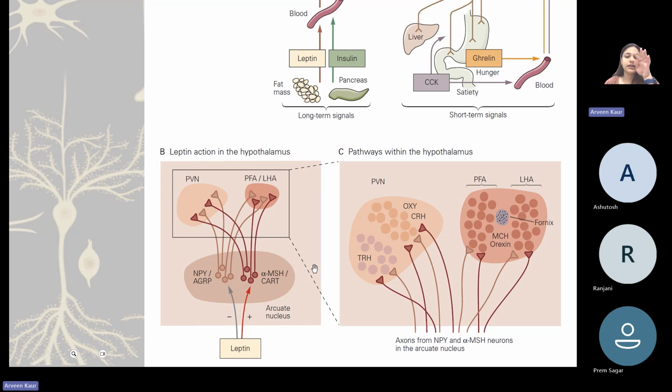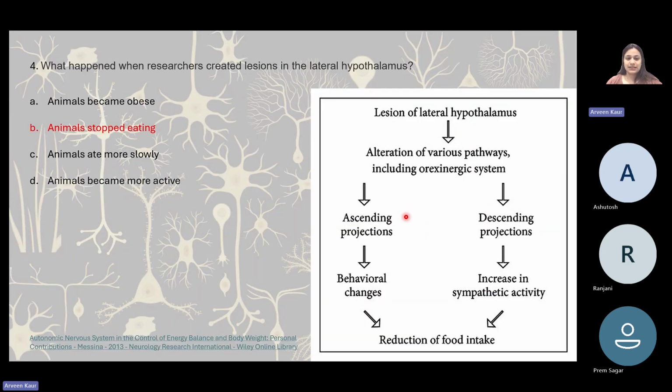We are not going into the details of this as yet. So what happens in case of lesion of the lateral hypothalamus is there is alteration of various pathways, which include the orexinergic system. There are ascending projections wherein there are behavioral changes which lead to reduced food intake, and in the descending projections as well, there is an increase in the sympathetic activity, meaning you become more prepared or more alert.